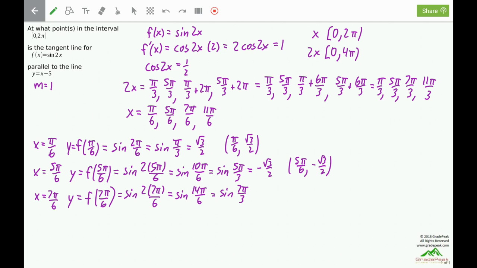Now 7 pi over 3 is bigger than 2 pi, because 3 divides into 7 twice plus a remainder.